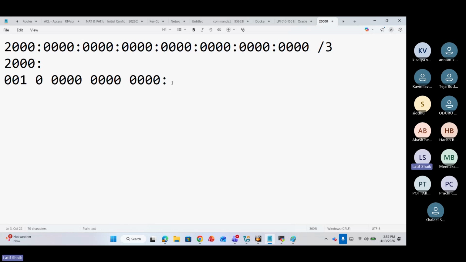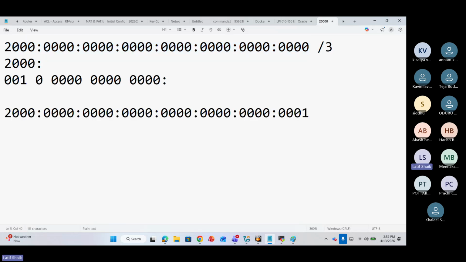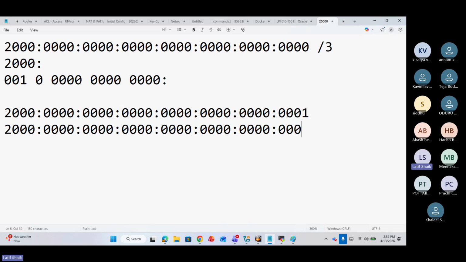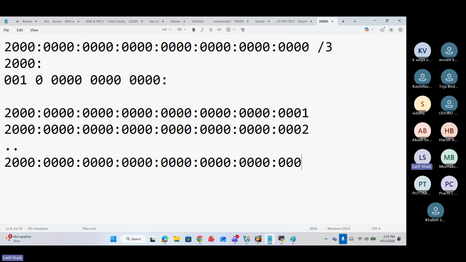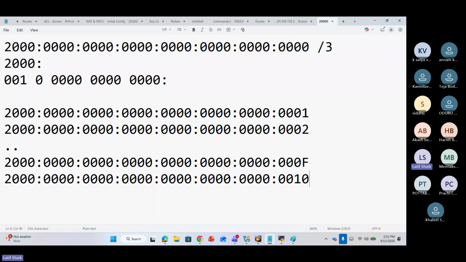If you take this and put 1 here, it is 2001, like this, the first number, second number. Once it reaches 9, then it becomes F. Once it reaches F, it is again 10. It keeps going up.